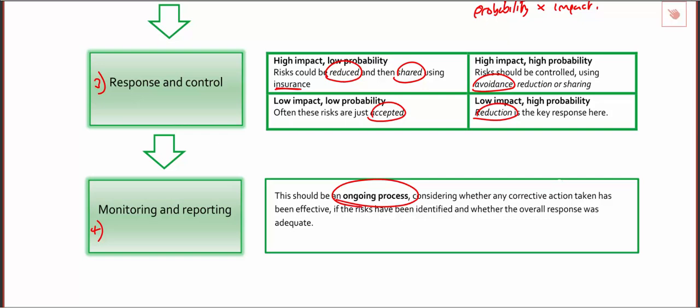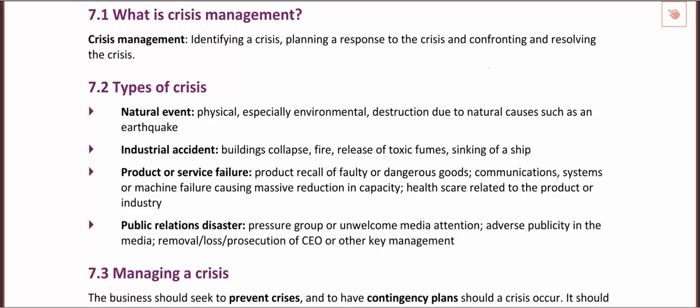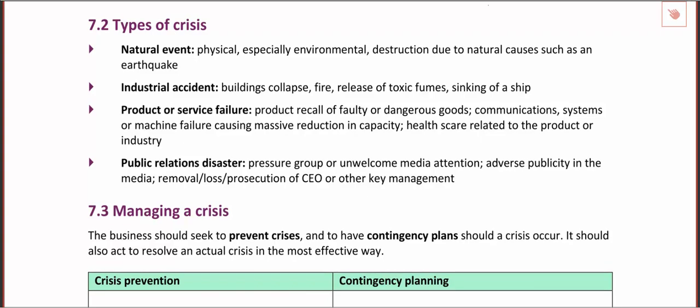Very last bit then over the page, just thinking about crisis and disaster recovery. A crisis is where our risk has become a reality now. So we've got a few different types of crisis here. So a natural event, like an earthquake, for example, industrial accident, so some sort of problem with my operations, a product or service failure, so the brakes on my highest model of car having some sort of problem and me having to recall them.